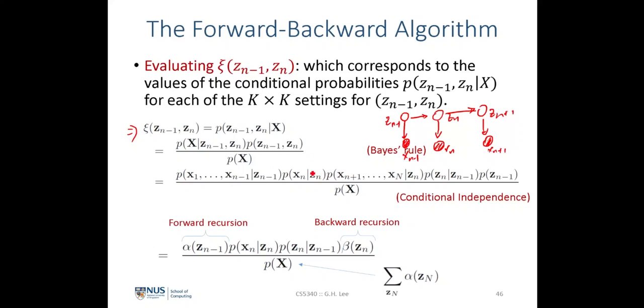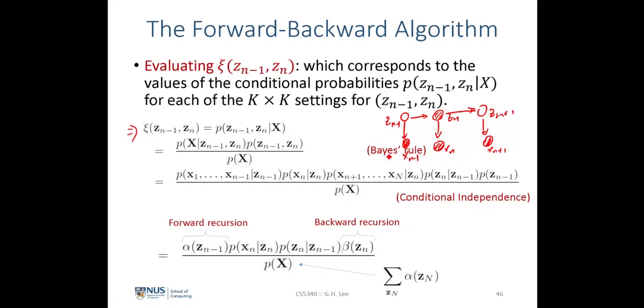And then by observing Zn, we condition upon Zn here, we can see that all the other terms of xn minus 1 become de-separated from xn, as well as all the other terms that follow, xn plus 1 all the way to x capital N. Hence, we can de-separate this into 3 terms conditioned upon Zn and Zn minus 1.